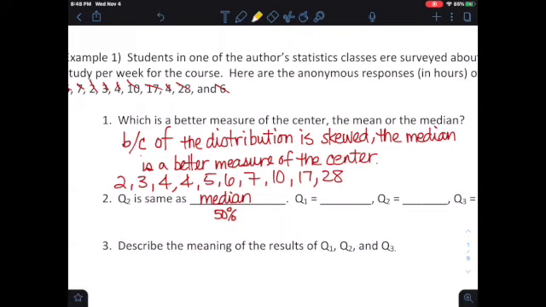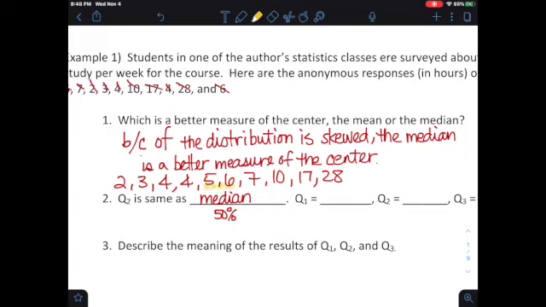Or if you do it by hand, you have 1, 2, 3, 4, 4, 5, 6, 7, 10, 17, 28. That's 1, 2, 3, 4, 5, 6, 7, 8, 9, 10 pieces of data. So if it's 10 pieces of data and you start crossing out, you're going to have 5 and 6 in the middle.